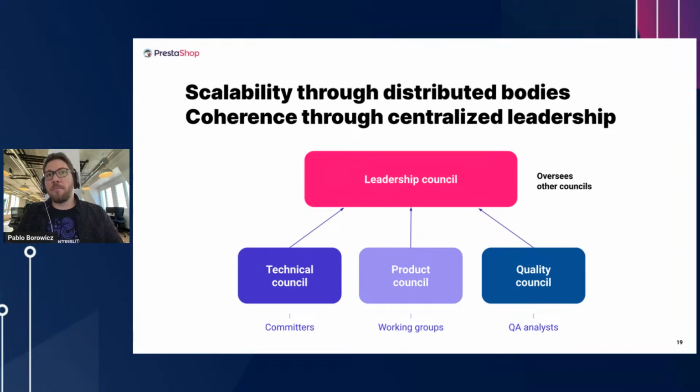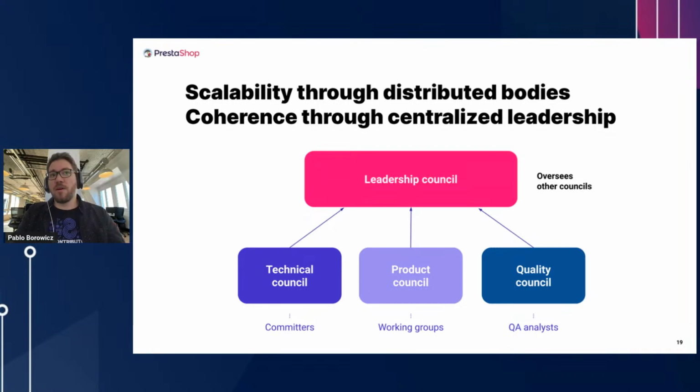There's also a structure in terms of overseeing. This structure allows us to include as many people as we need in councils, while ensuring a coherence and a common orientation across all those councils. So this means that the leadership council is overseeing what the other councils decide.